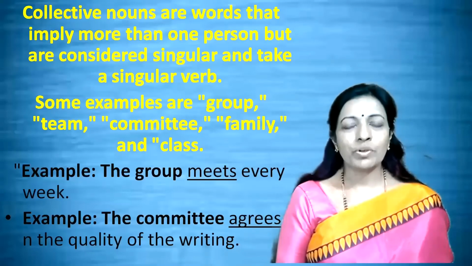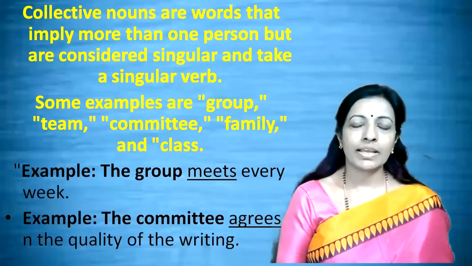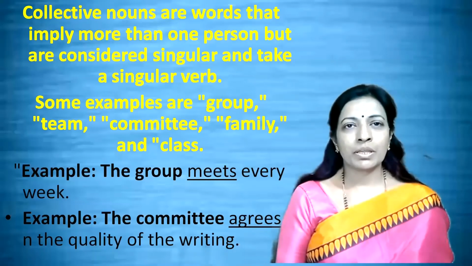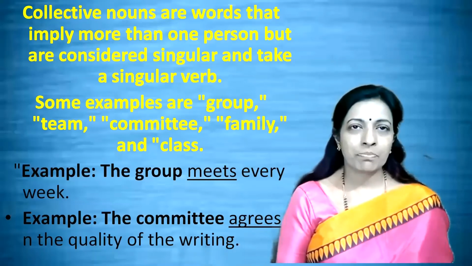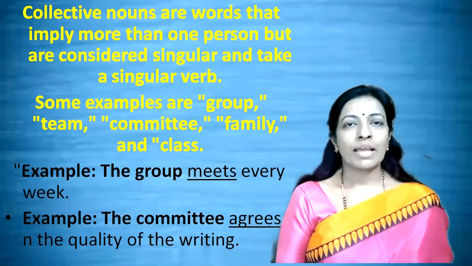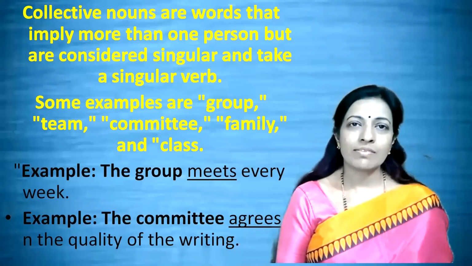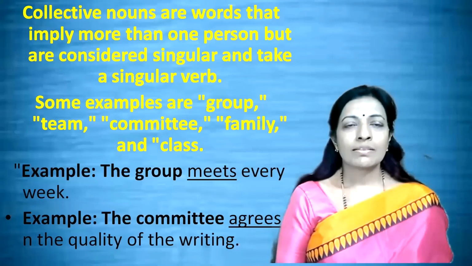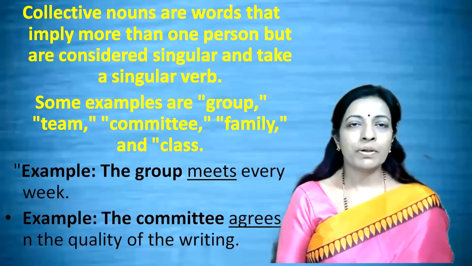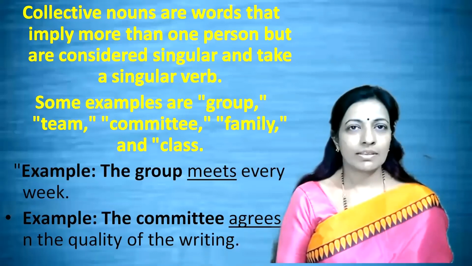Another simple rule which we need to remember is that collective nouns, which are words which imply that there is more than one person involved, are always considered as singular and therefore are followed by a singular verb. Some examples of such collective nouns are group, team, committee, family, class, etc. Let us now look at some of the examples.